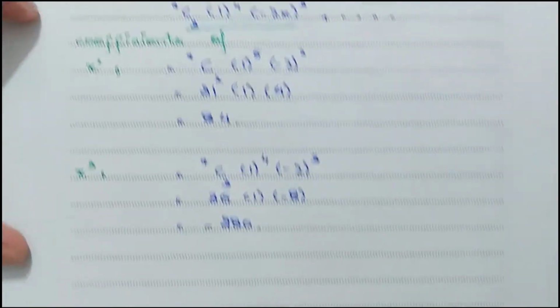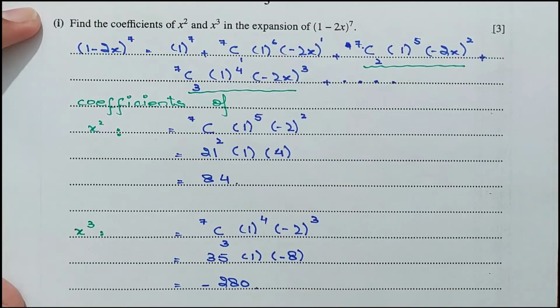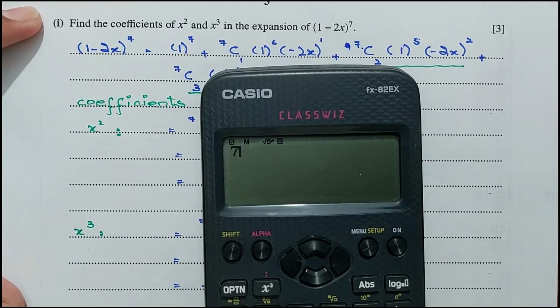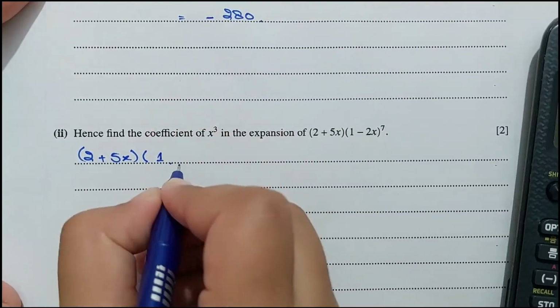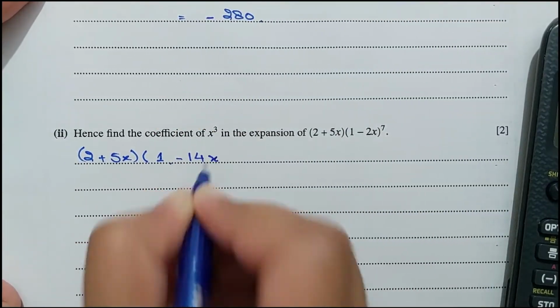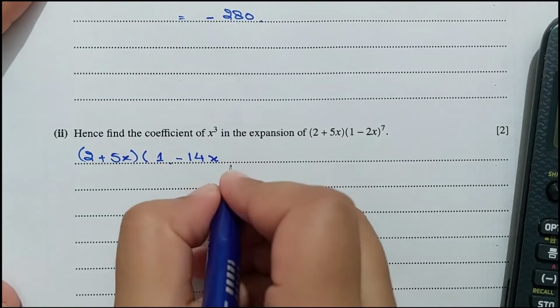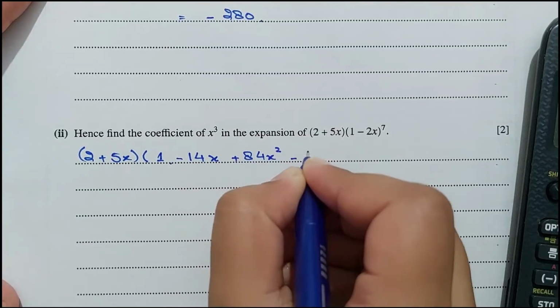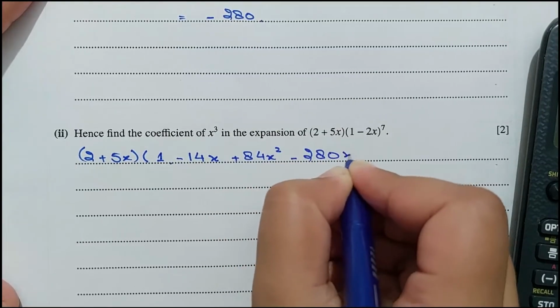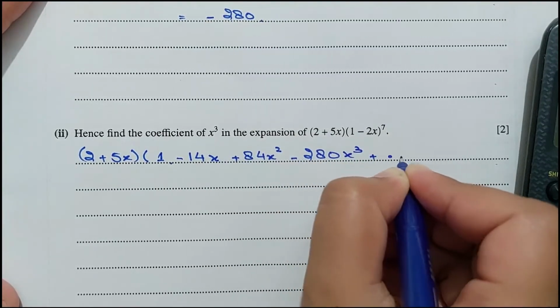Now for the second term, let me calculate the second term. 7c1, which is 7, times 1 to the power 6 is 1 and times negative 2, that is equals to minus 14x. That is the second term, minus 14x. And the third term is x square term, which has a coefficient of 84, x square, and the cube term is minus 280 is the coefficient of x cube, and so on.